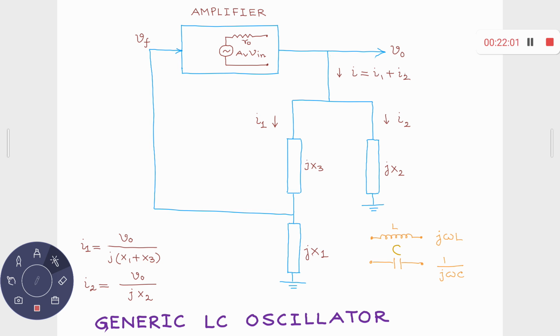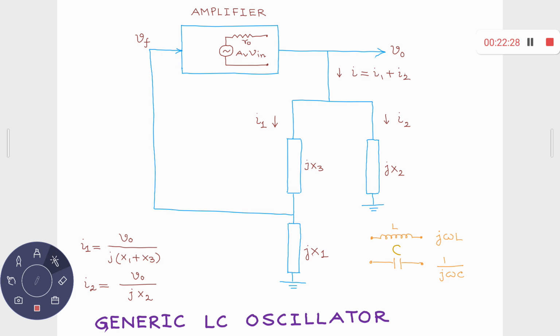Obviously, for this one, suppose the total current is equal to I, and there is a branching of current, I1 through this path and I2 through that branch. Then how can you represent I1? How are I1 and I2 related in terms of V0, where V0 is your output voltage?